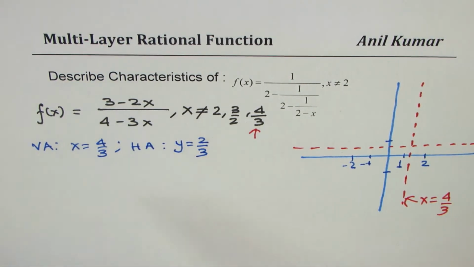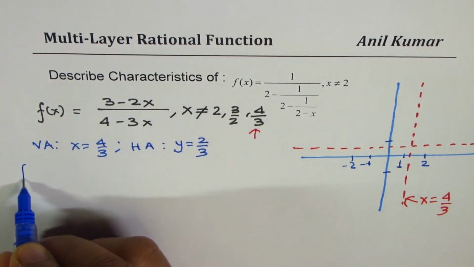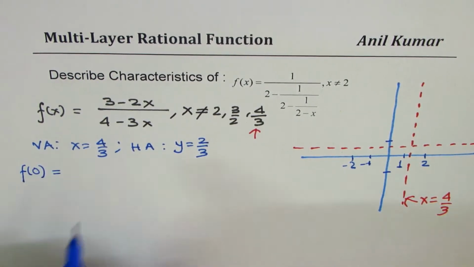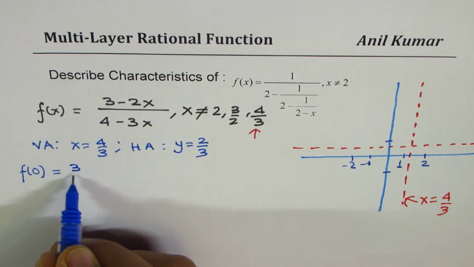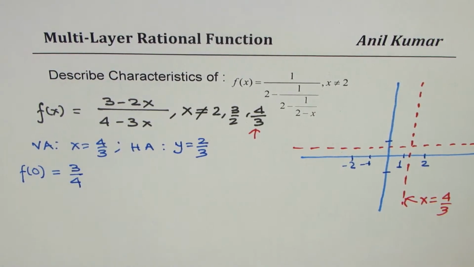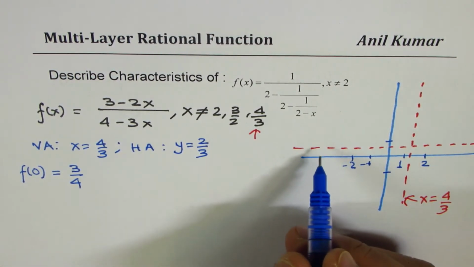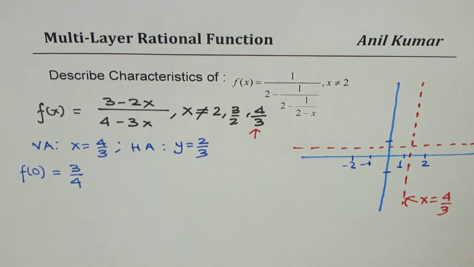Now from here, if I substitute x equals 0, what is f of 0 equal to? f of 0 is 3 over 4. So we know this is 2 over 3, right? So, 2 over 3 and 3 over 4.